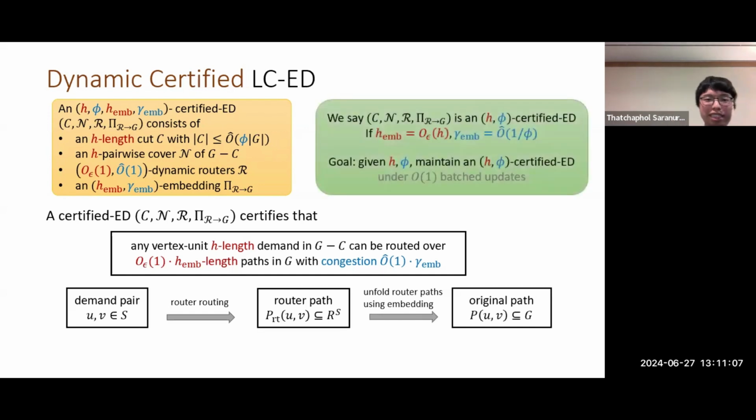Just for simplicity, we say that this CNR pi is an H5 certified expander decomposition if the parameters H embed and gamma embed are very good. Like H embed is roughly H, and gamma embed is roughly 1/5. And now we can restate our goal as: given H and phi, maintain an H5 certified ED.